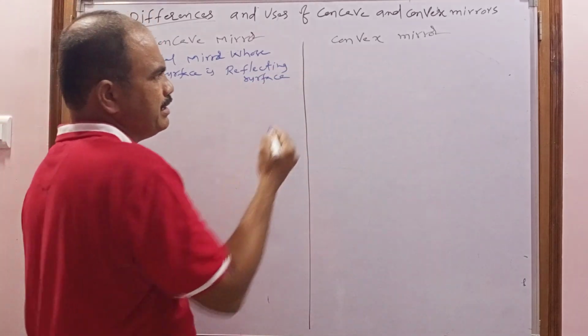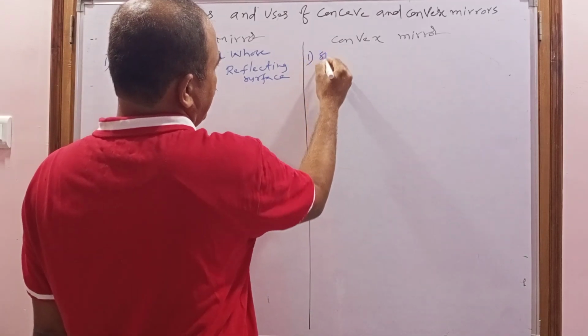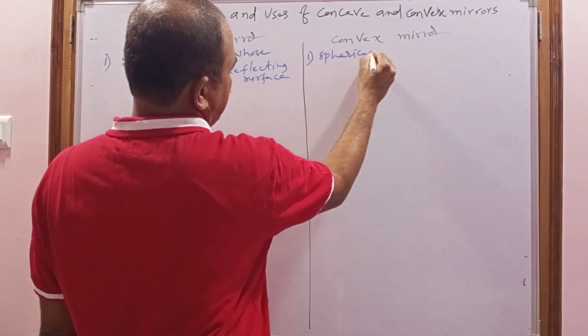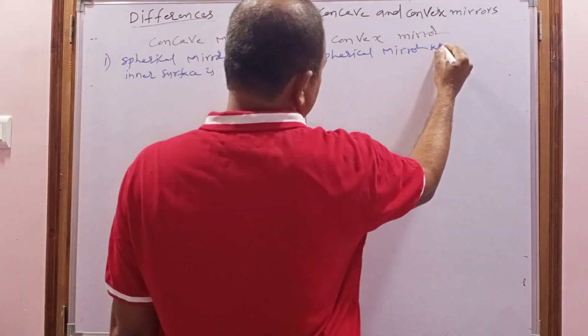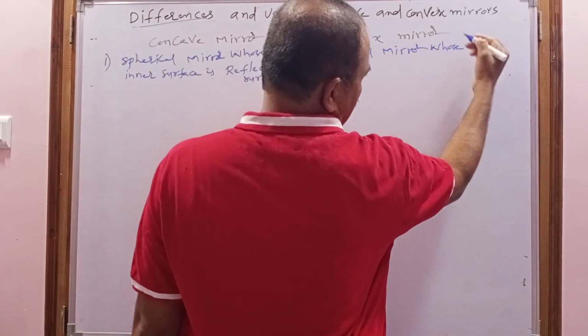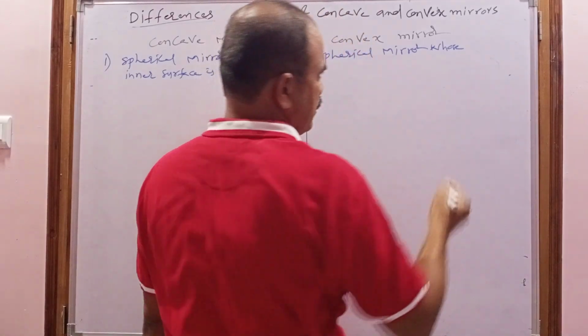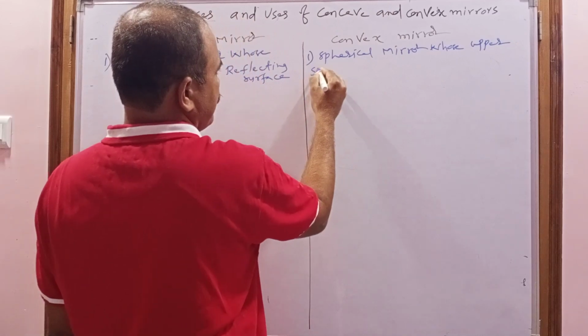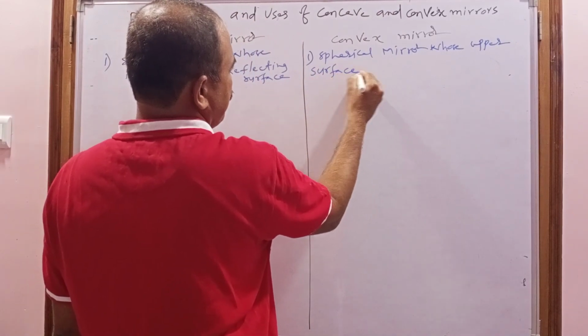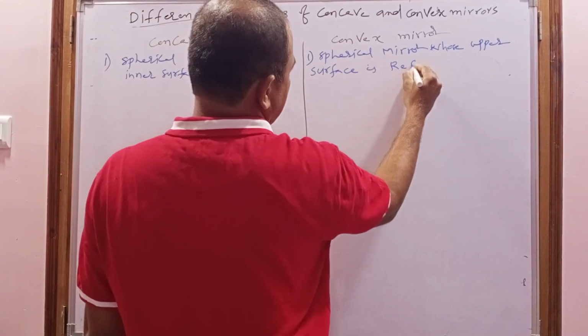And next, what is the convex mirror? A spherical mirror whose outer surface, upper surface or outer surface, your choice, is the reflecting surface.